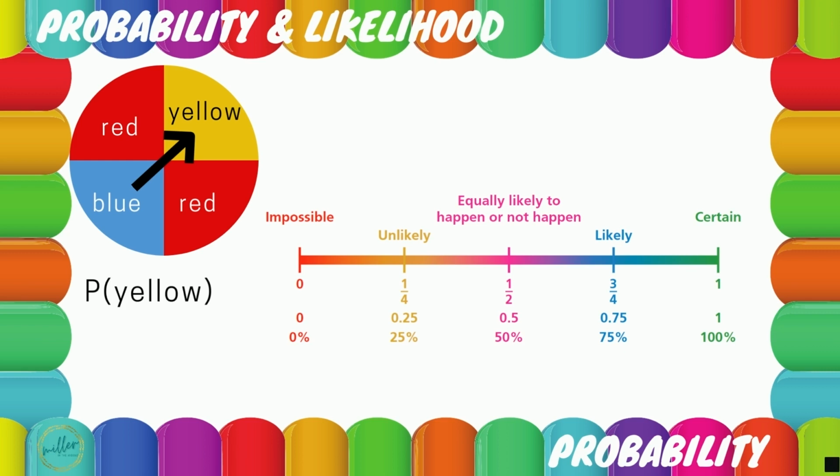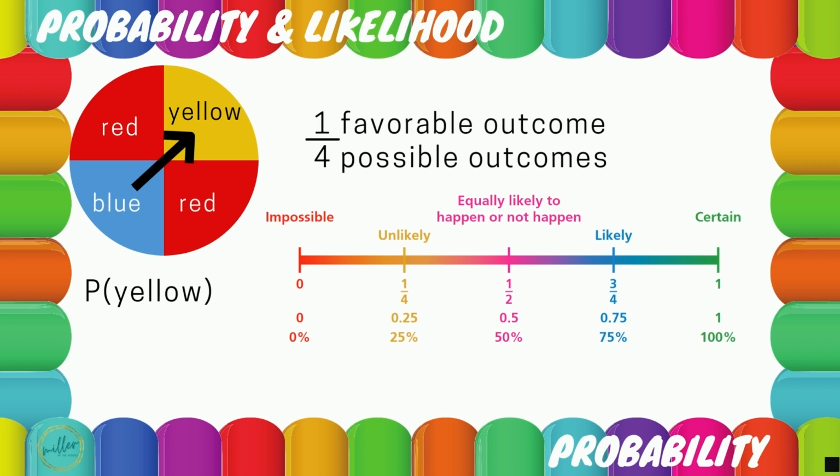Let's find the probability of the spinner landing on yellow. I know we said that there are 3 possible outcomes because there are 3 colors, but because the spaces are 4 equally sized pieces, we have to say that there are 4 possible outcomes. It could land on the first space or the second space or the third space or the fourth space, regardless of the color.